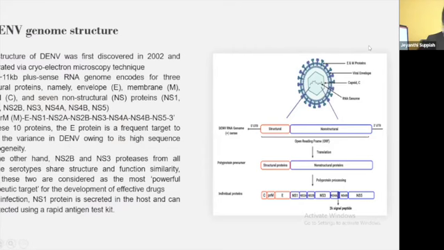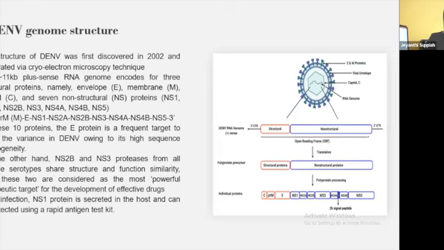Right. So here we have a brief introduction on the dengue genome structure. The structure of dengue virus was first discovered in 2002 and elaborated via cryo-electron microscopy. They found an 11 kb positive-sense RNA genome that codes for 3 structural proteins, namely the envelope, membrane, and capsid, and additionally 7 non-structural proteins, which are NS1, NS2A, 2B, 3, 4A, 4B, and NS5.